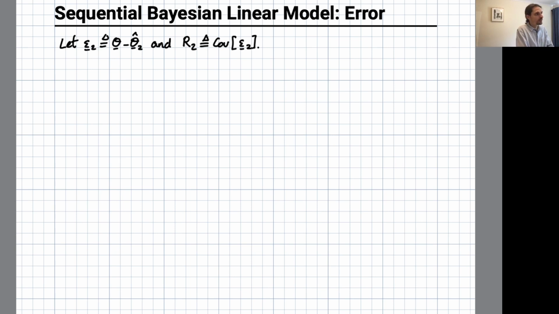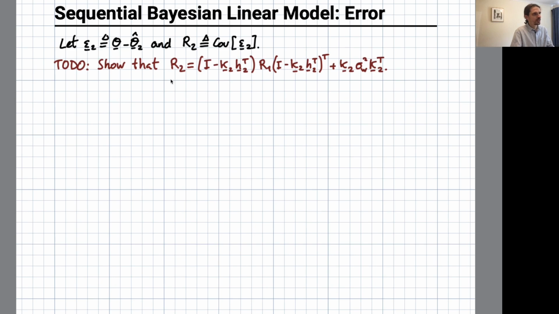And this is what we are going to compute in this slide. Then this is our error, and we will be using R2 to denote its covariance. So at this point, you may try to show that this covariance is given by the sum of these two terms.